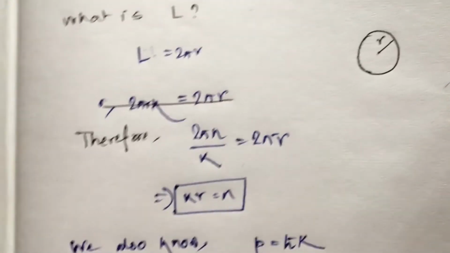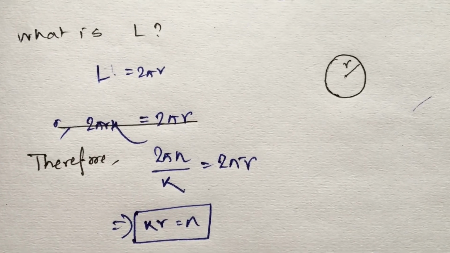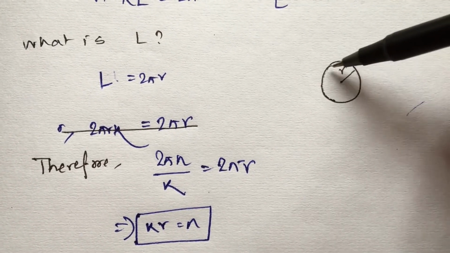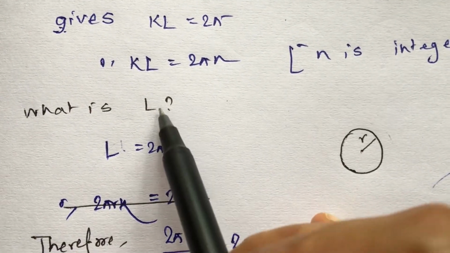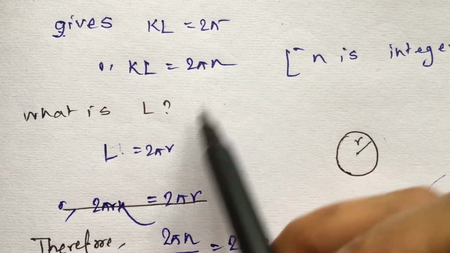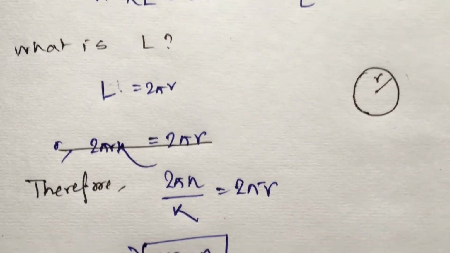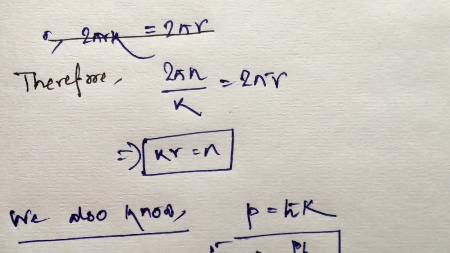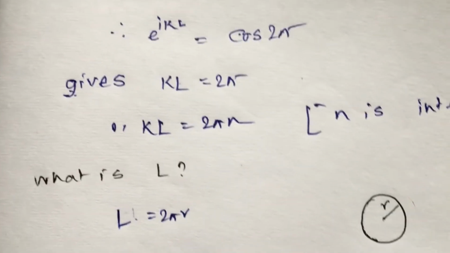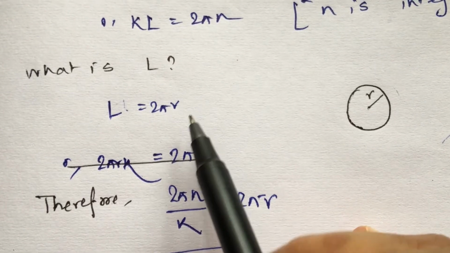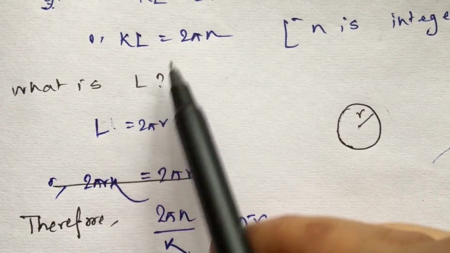Now what is L? L is of course equal to twice pi r, that is the length of this circumference. So from this equation, L equal to 2 pi n by k, which is equal to 2 pi r, because L is nothing but 2 pi r, and L equal to 2 pi n by k from this relation.